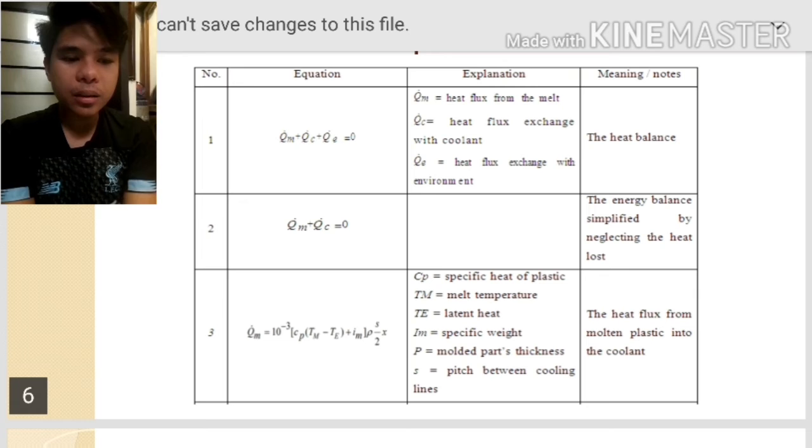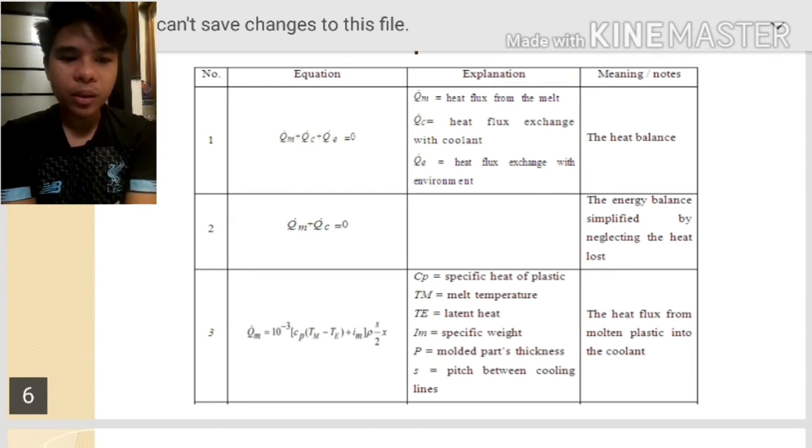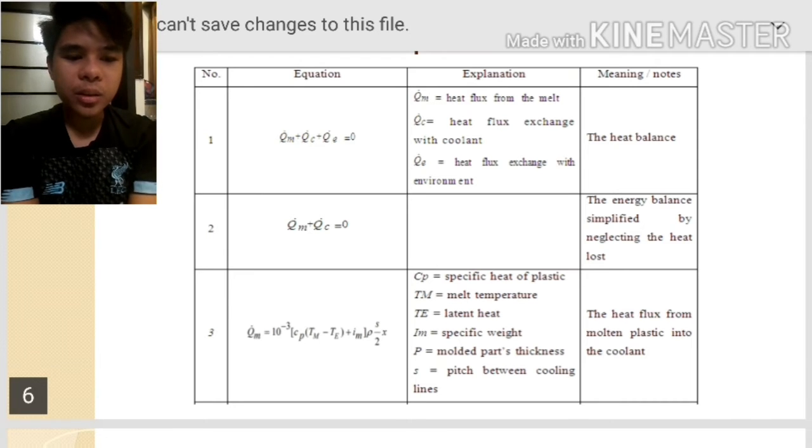First is the heat balance, which the equation is Q dot M plus Q dot C plus Q dot E equal to 0, where Q dot M is the heat flux from the melt, Q dot C is the heat flux exchange with coolant, and Q dot E is the heat flux exchange with the environment. The second formula is the energy balance simplified by neglecting the heat loss, which is Q dot M plus Q dot C, not including Q dot E.